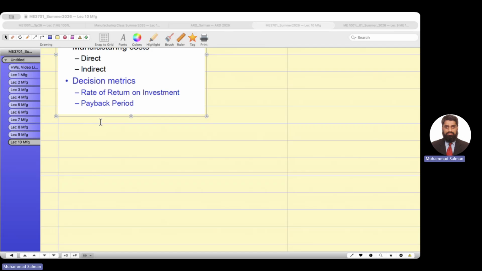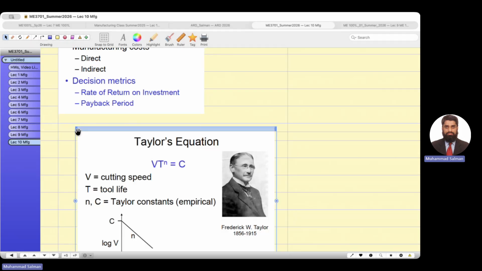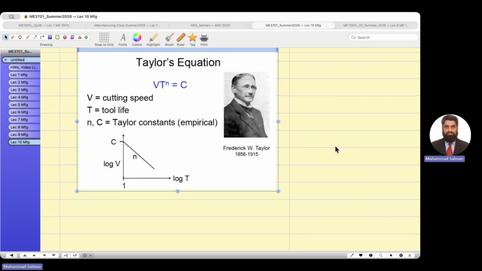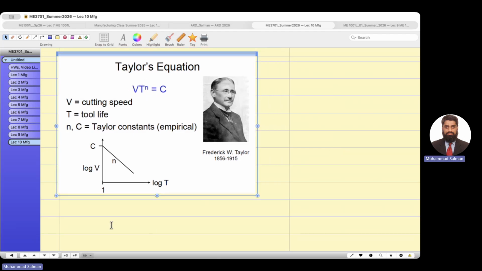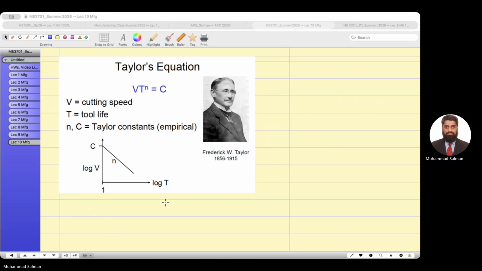For machining module number 4, you will start from the slide on Taylor's equation. This will tell you how to calculate the tool life. V is the cutting speed, T is the tool life, and n and C are the Taylor constants.